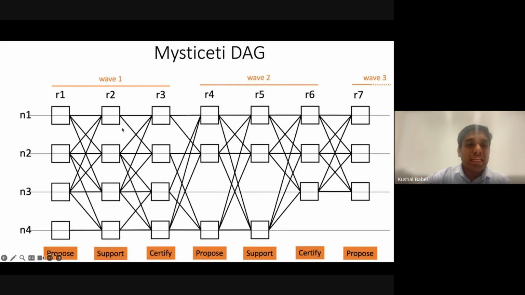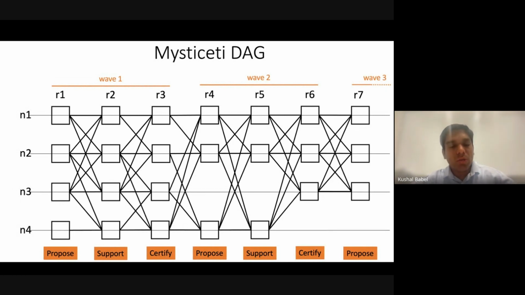In this case, for example, this particular block is referencing 2f+1, that is 3 blocks, in this DAG. So these are the waves, and every block is referencing a quorum of blocks from the previous round. And so you have the first round as propose, the second round as support, and the third round is what we call a certifier round. So this is the basic structure of the DAG.